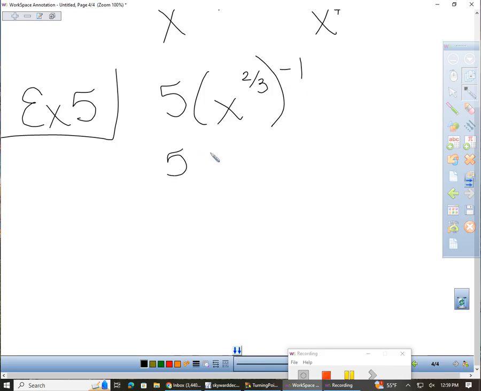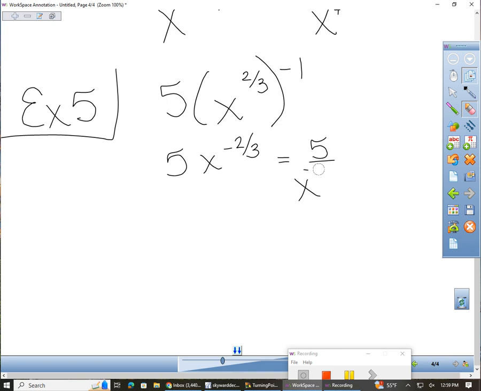So I'm going to have 5x to the negative 2/3. What's that tell me I got to do with my wonderful x? Good. My 5, though, doesn't have an exponent on it, so he stays. So I have 5 over x to the negative, oops, sorry. When he moves, he becomes positive, doesn't he? Oops, sorry about that. Positive 2/3.